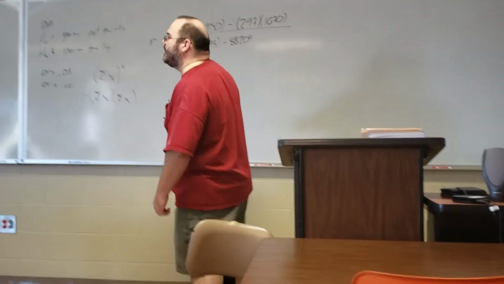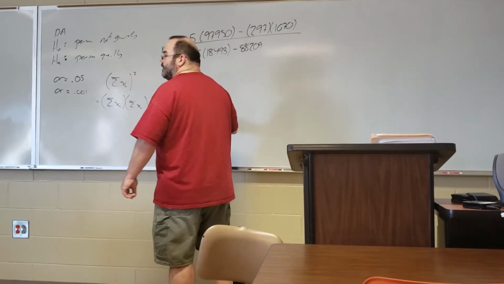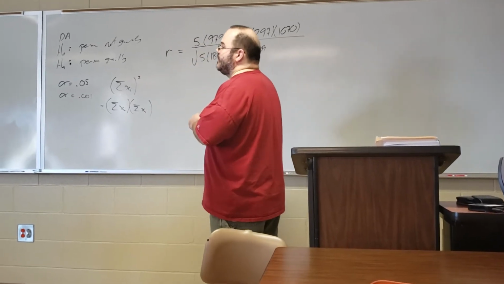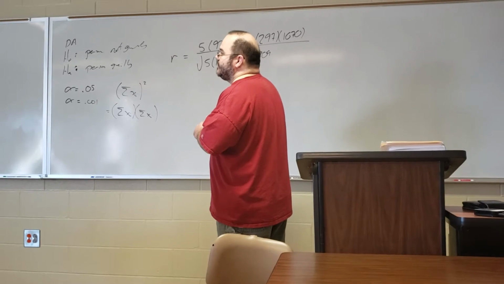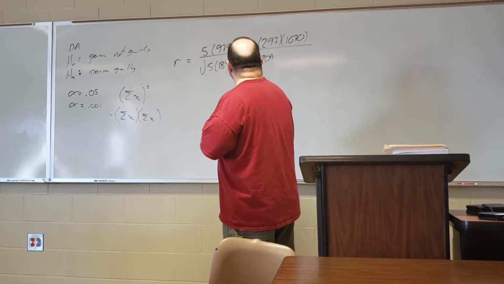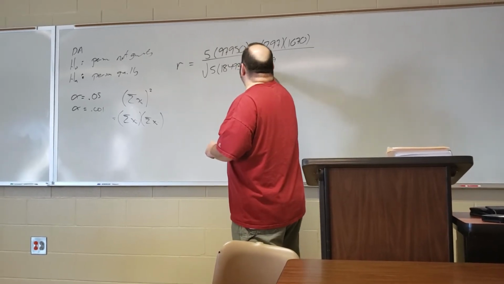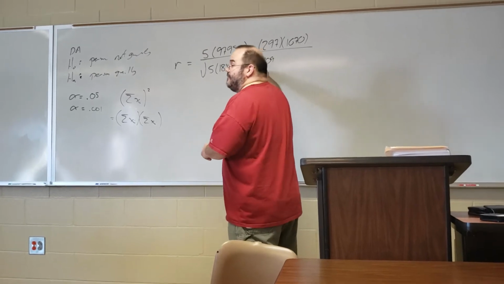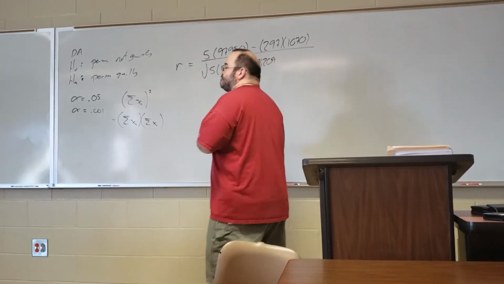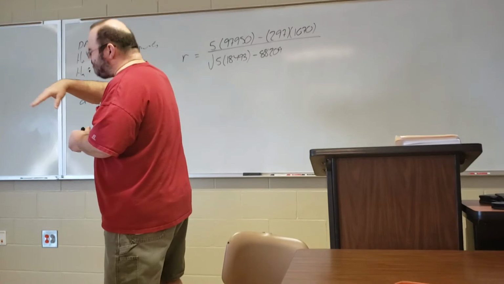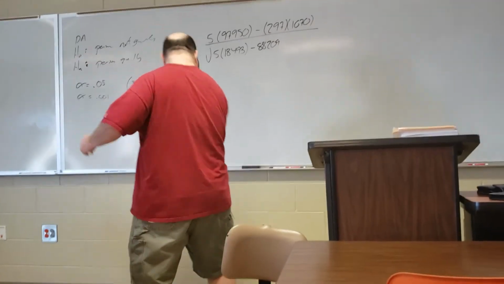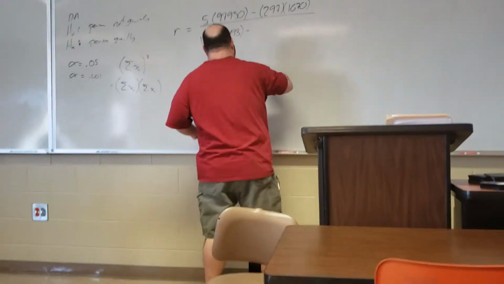88,209. Essentially, if we wrote it in the denominator as 297 times 297, well, on this one it would be 88,209 times 88,209. Sorry, I got confused on what I was looking at.